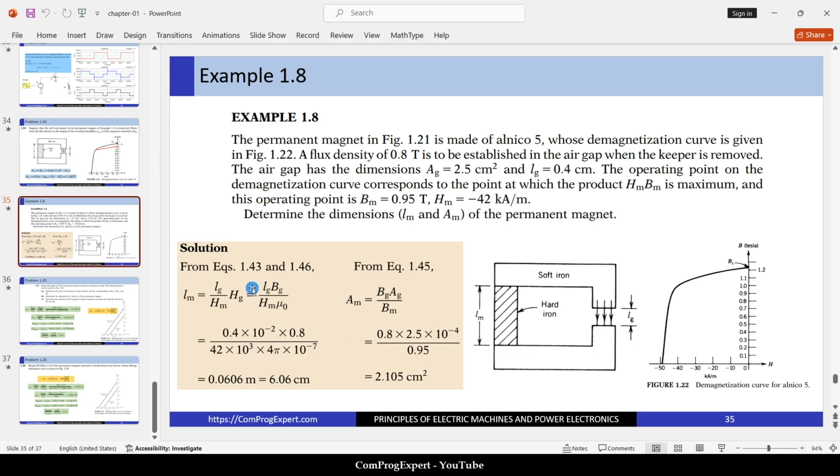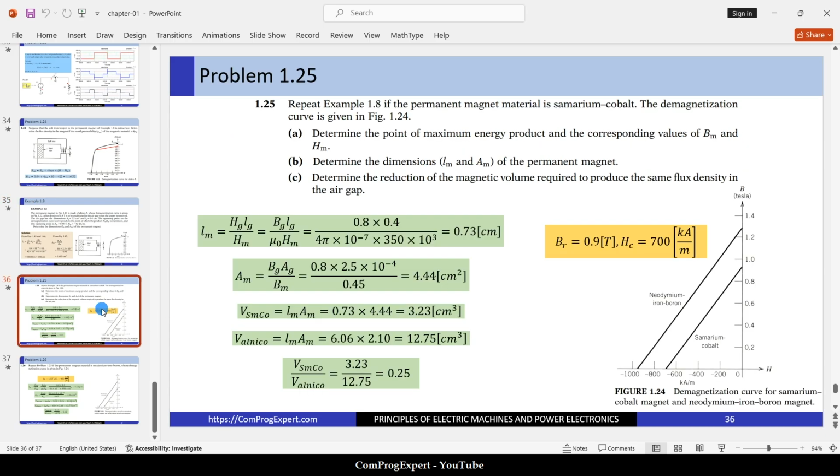So here are the calculations, and we are just going to repeat the analysis. So, part A: determine the point of maximum energy product and the corresponding values for Bm and Hm. So let me copy this figure.